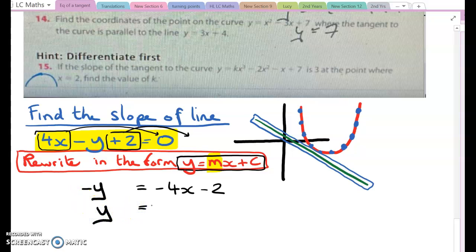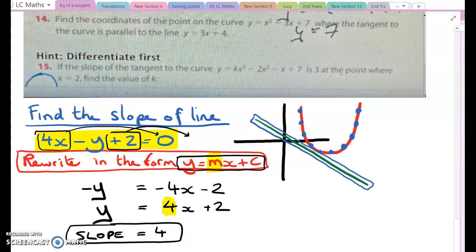So we change that to a plus, but that means the other terms change signs as well. So now we have the slope there. It's 4. The slope of the straight line is 4. That will come in handy in a moment.